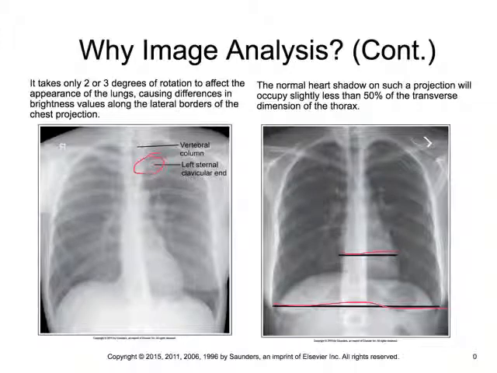So a normal heart shadow, such as this projection on y'all's right, is going to occupy slightly less than 50% of the transverse dimension of the thorax. So we can see this measurement here is less than half of that distance there, right? Versus if I look at this distance here, it's a little bit more. Okay?